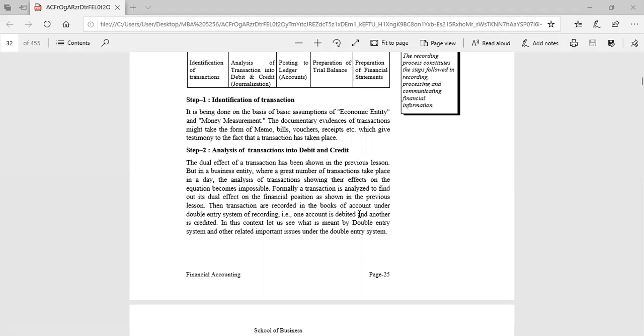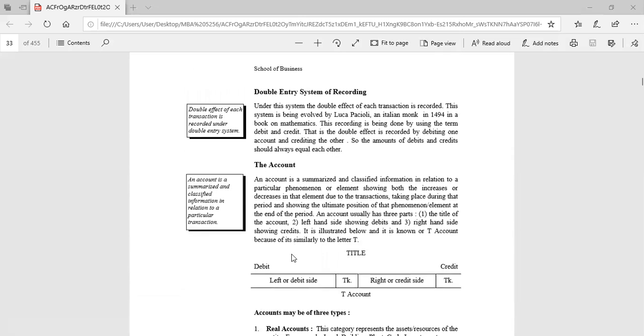The dual effect of the transactions was shown in the previous lesson. So in the double entry system, every transaction has at least one party as debit and one party as credit. So we can easily say, when we analyze a transaction, we get one party as debit, another party as credit. All the debit parties are assets and expenses, all the credit parties are liabilities and income.